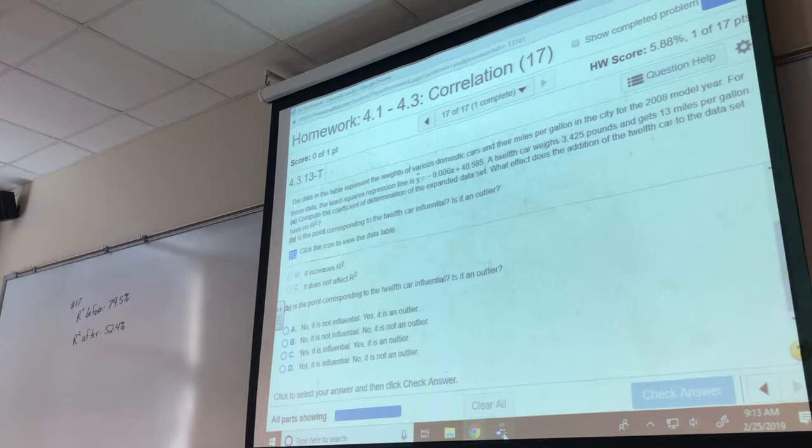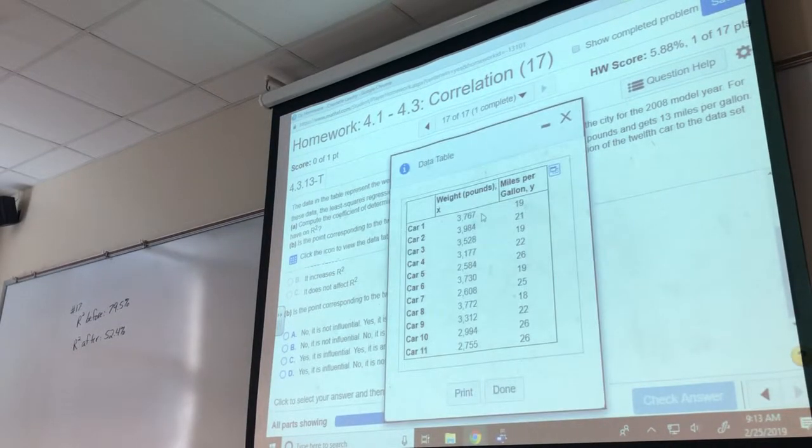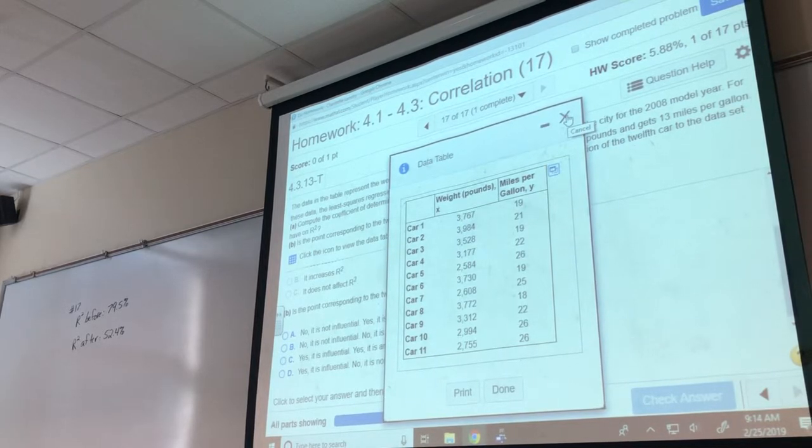And is it an outlier? So I've got 3.42 and 13. It kind of fits in with my other ones. If I graphed it out, 3.42 would kind of be in with the other ones.